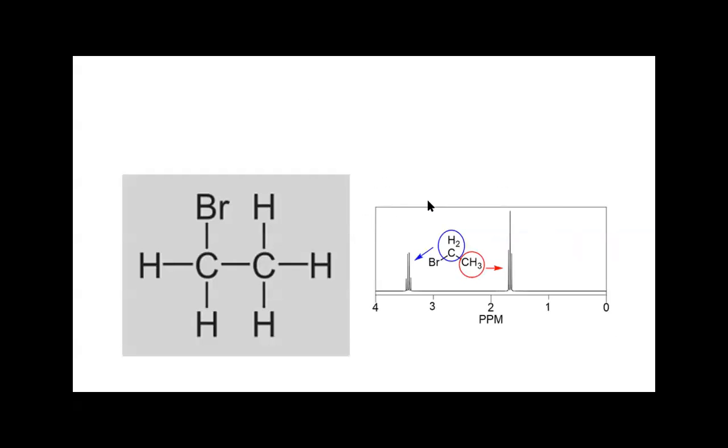Now, this hydrogen is connected to a C, which is connected to 2 H and another C. This other H is connected to a C that is connected to another 2 H and 1 C. So these hydrogens are in the same condition and their neighbors are the same, so this will give us one peak. Though it is not exactly one, I will explain the slight differences later, but let's consider it as one.